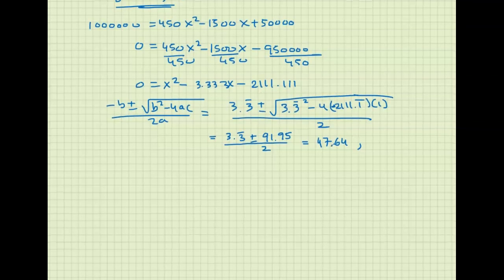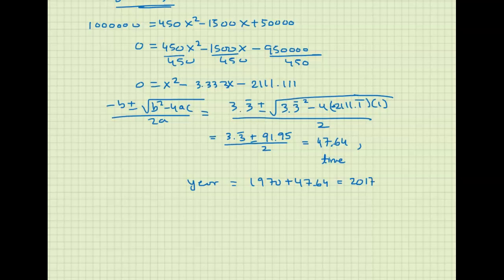So this is the time since 1970. So the year is going to be 1970 plus 47.64, so it's 2017.64. You can round it up to 2018. So somewhere in the middle of 2017 it is going to reach $1 million.